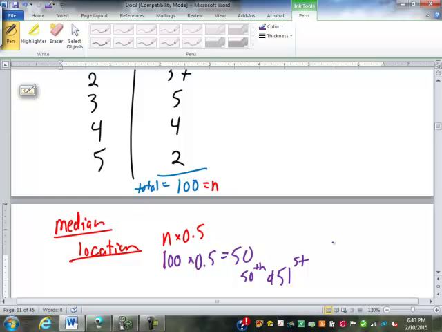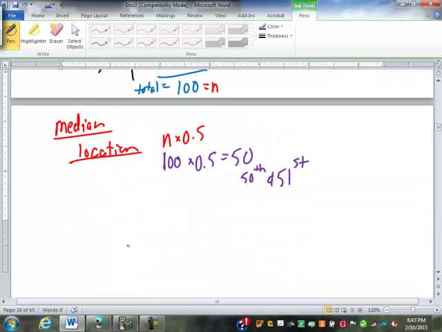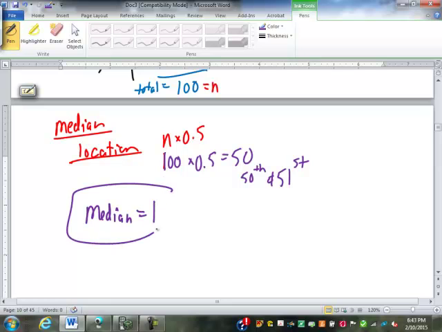Now remember, we're putting these numbers in order from smallest to largest. So the smallest would be 0, right? That's 4. If we went up to 1, how many would there be that have 0 or 1? 52 total. That's bigger than our 51, isn't it? That means the 50th and 51st number are in that group right there. So the median is 1. The median is 1 car per household.